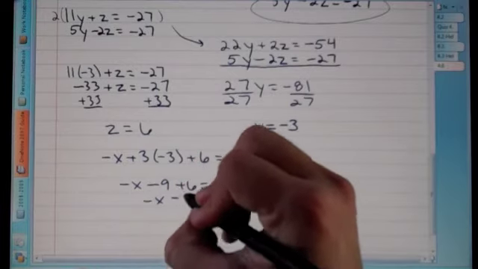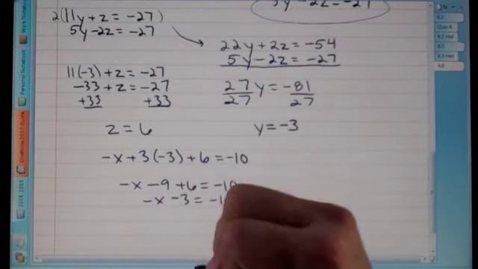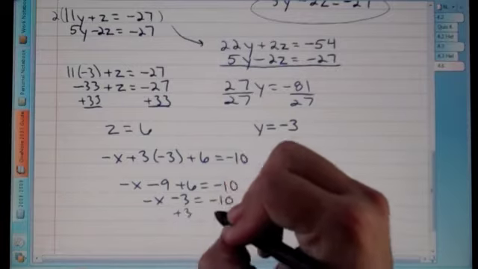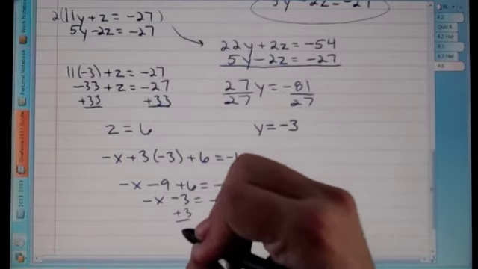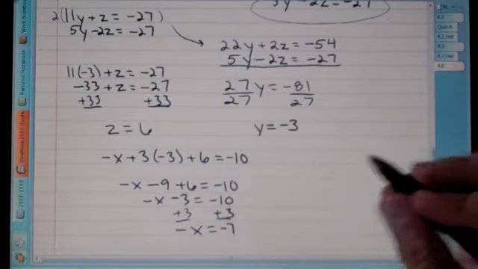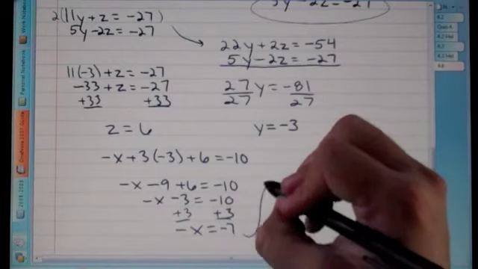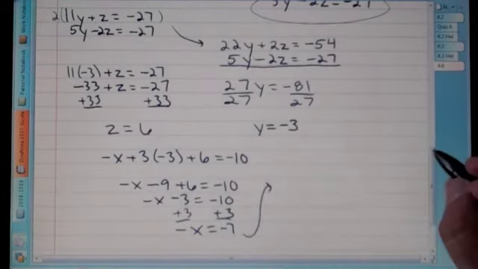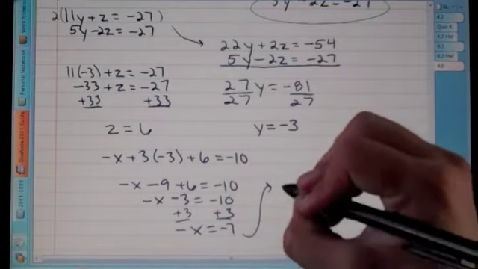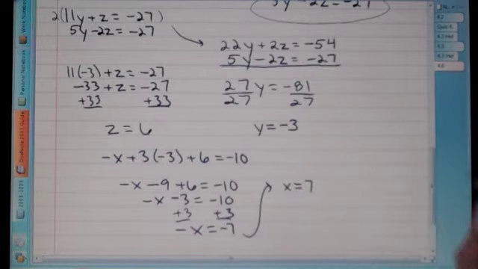Combine like terms, so that gives us negative 3. And two last steps here, add 3. So we have negative x is equal to negative 7, but we want our x's to be positive. So therefore we just change both sides, x equals 7.